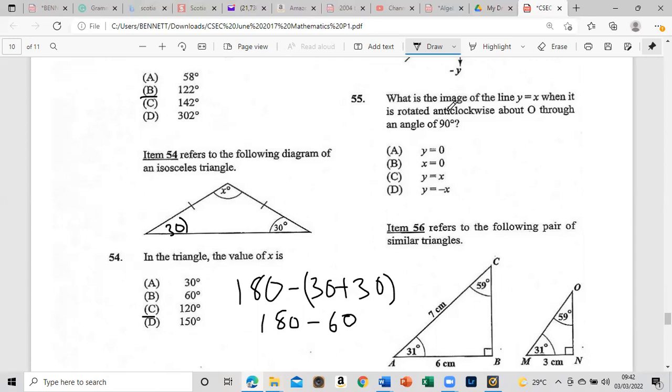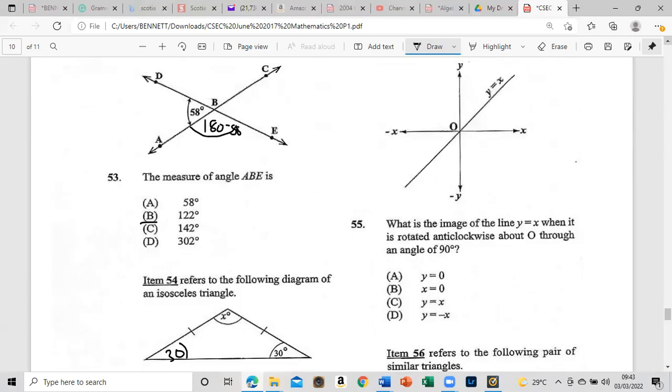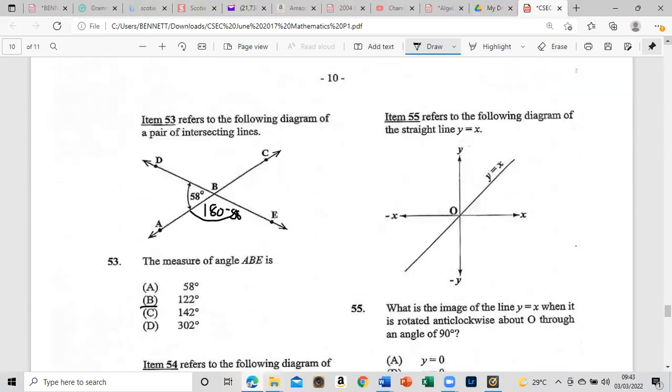Which of the image? Hold on, you have to go back. Refer to the following diagram with the line y equals x. What is the image of the line y equals x when it is rotated anticlockwise about the origin through 90 degrees?